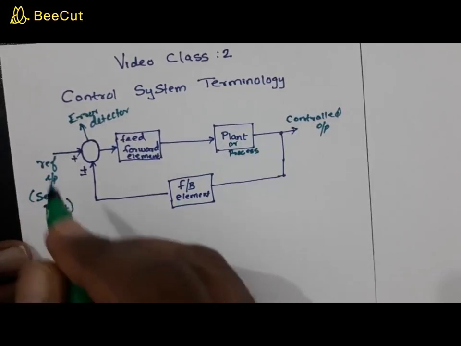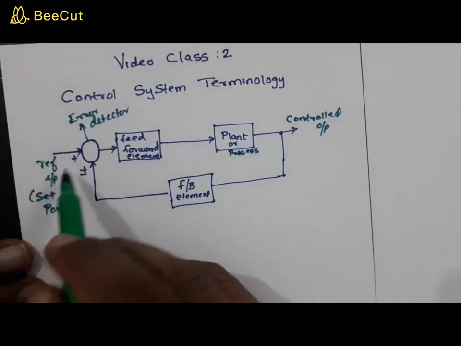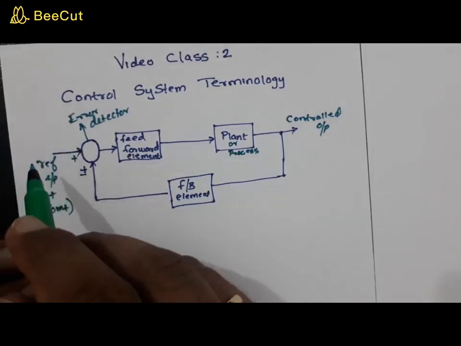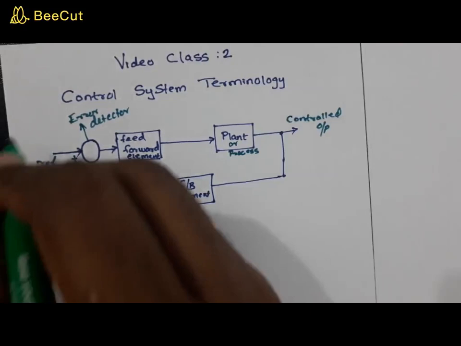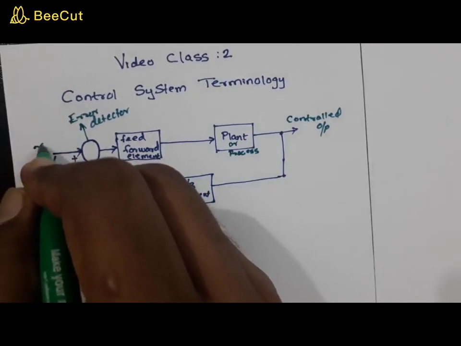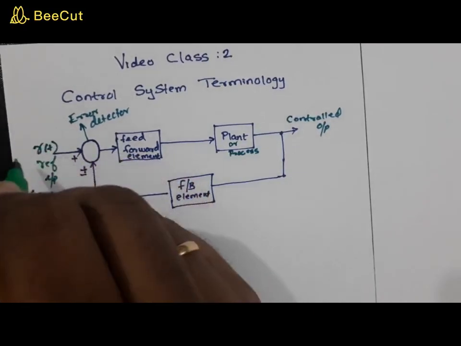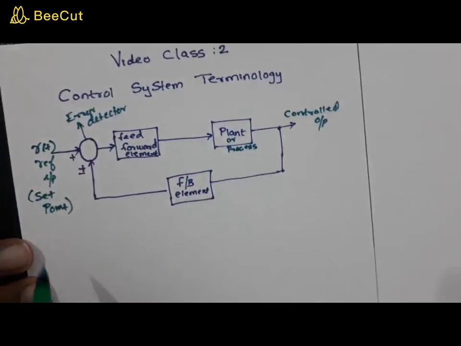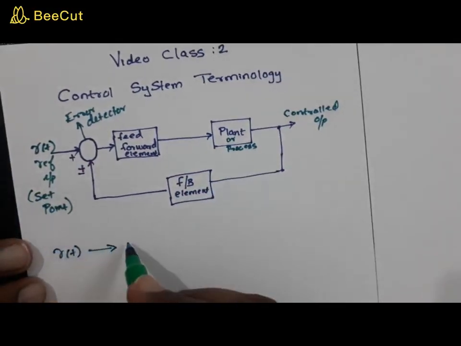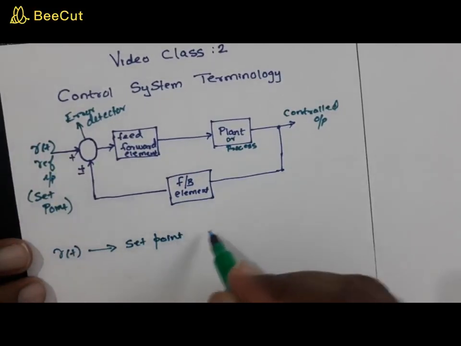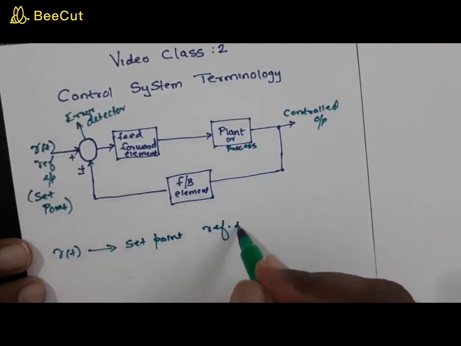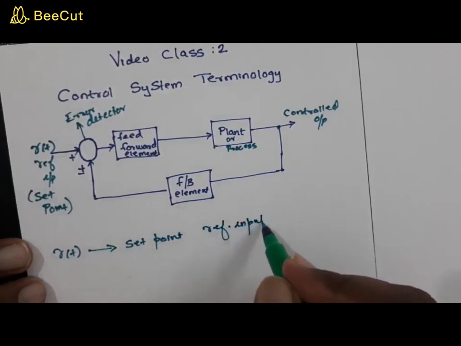So the reference input we give to the system is called the set point, and usually that is represented by the letter R of t. R of t refers to a time domain signal, or this is the set point or the reference input.